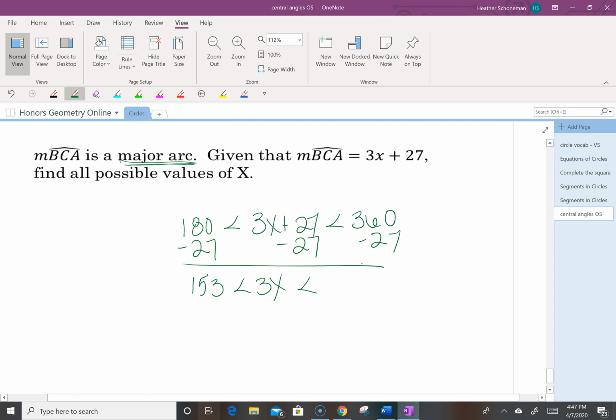Over here, 360 minus 27 is 333. 153 divided by 3 is 51. So I get 51 is less than x, which is less than 111. Okay, hopefully this helps. Try your homework.